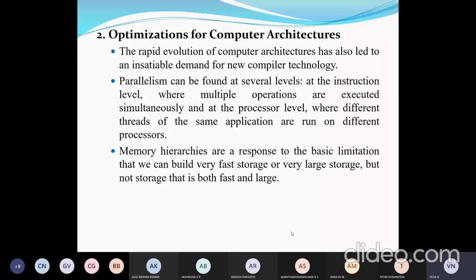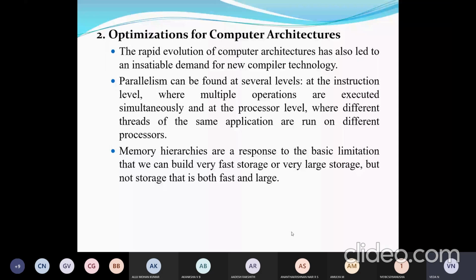In general, many programs can run in parallel. That's the concept here. To support this parallelism, how the compiler has to think is the main thing we have to take care of now.